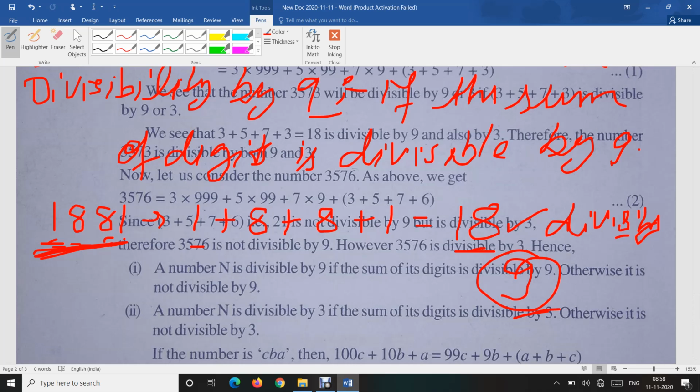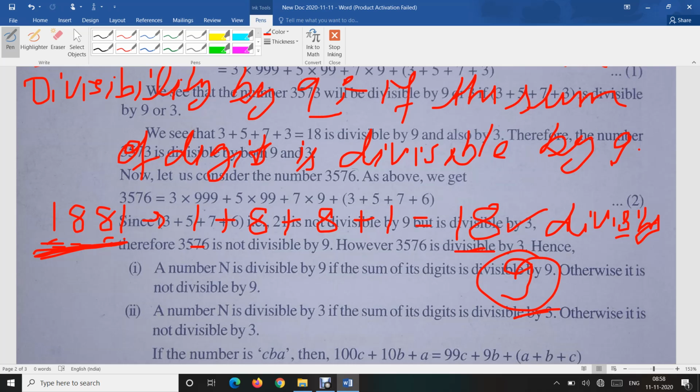And you have to write down all these rules in your notebook. Firstly, I told you about the divisibility by 2. A number is divisible by 2 if it has 0, 2, 4, 6 or 8 in its unit place. Okay, now the next is divisibility by 5.